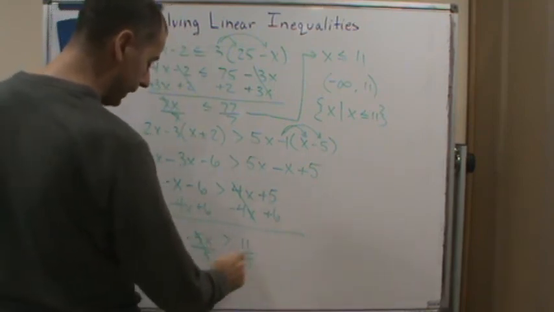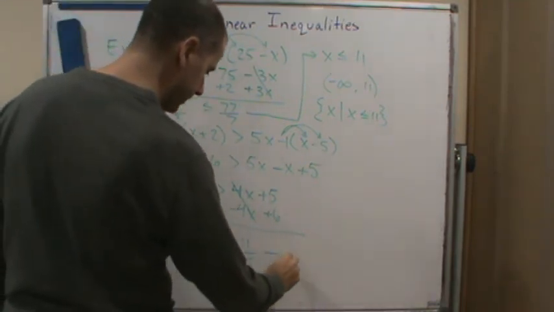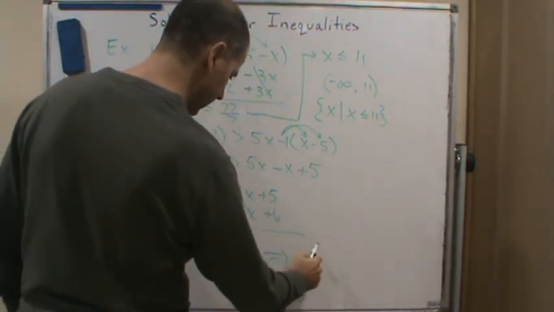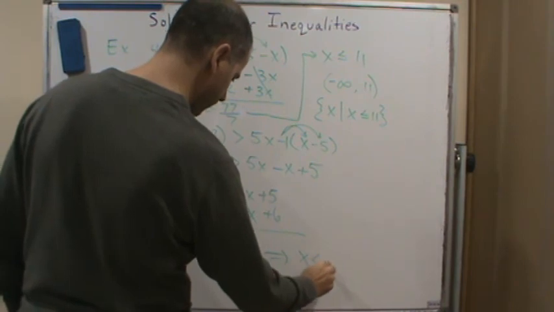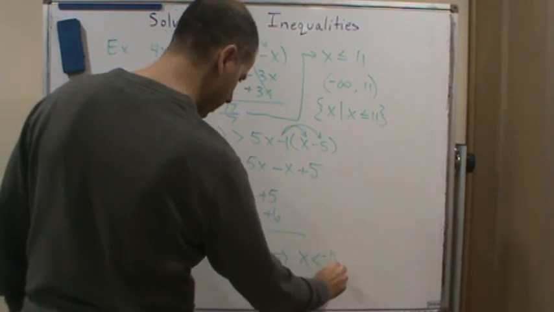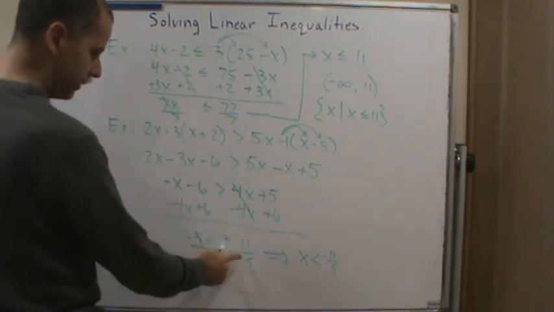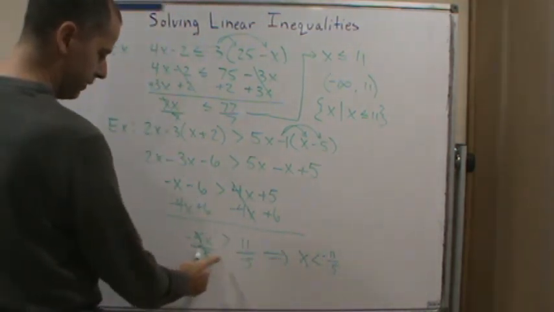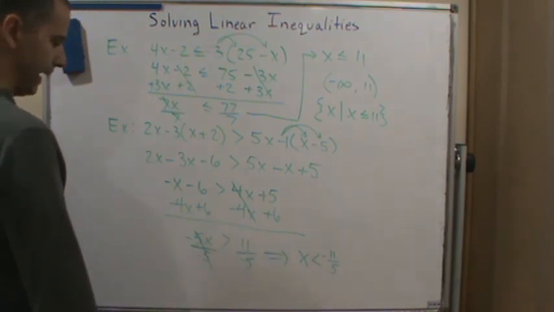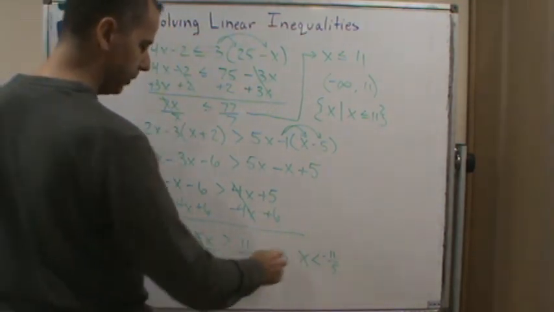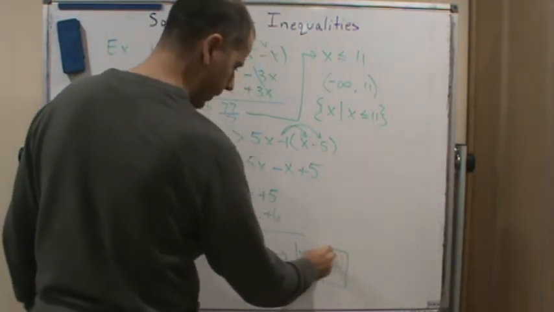So that means this is going to give me x is less than negative 11/5. Okay, so again, why did I flip the sign? Because I'm dividing both sides by a negative number. And so this is what I get for my solution.